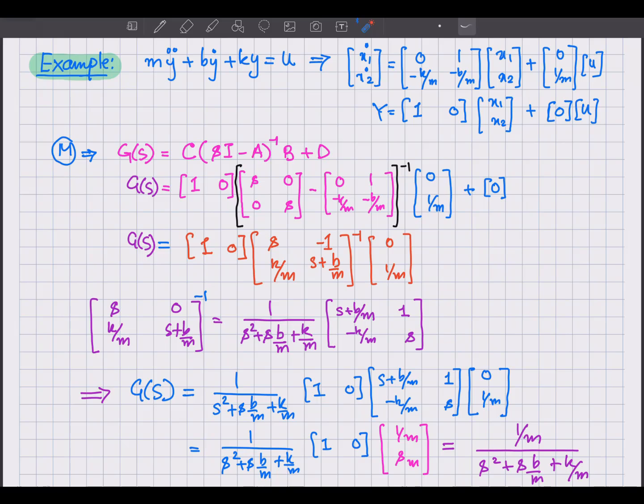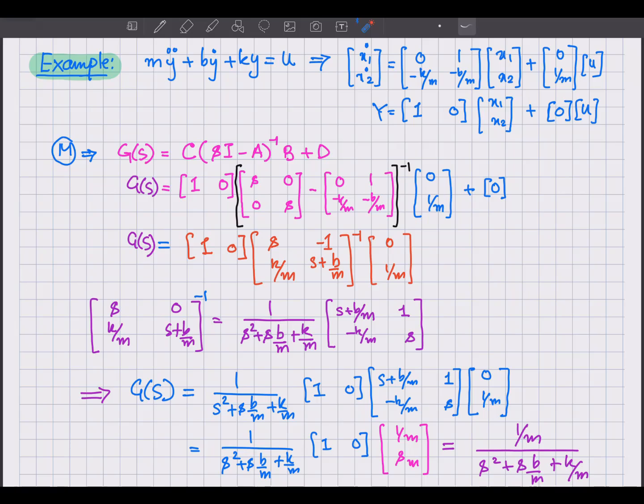So what we can do, this matrix C is 1 0, and sI, so s into the identity matrix, you will get this one. The matrix A is this one coming from here, into matrix B is this one, and the matrix D is this one. As this matrix is 0, this will disappear, so we have only this portion that is to be evaluated.